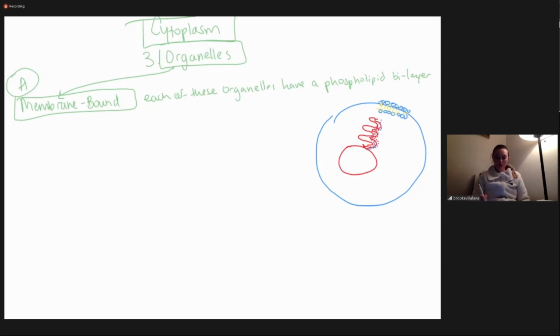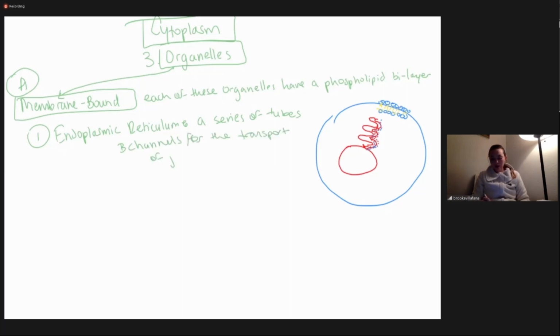So the first membrane-bound organelle is the endoplasmic reticulum. So for endoplasmic reticulum, you want to memorize this definition. A series of tubes and channels for the transport of proteins and other substances.